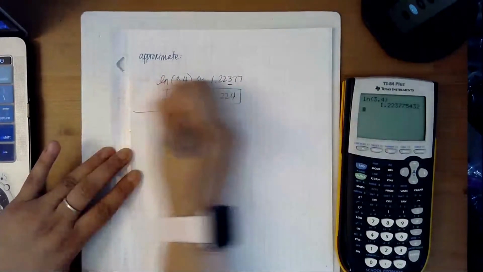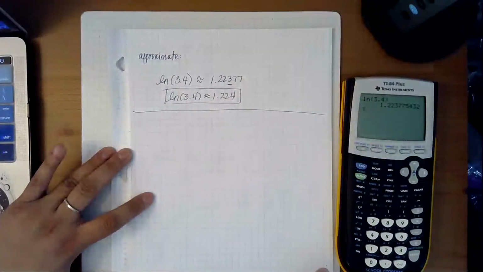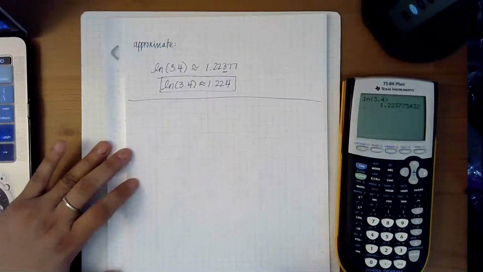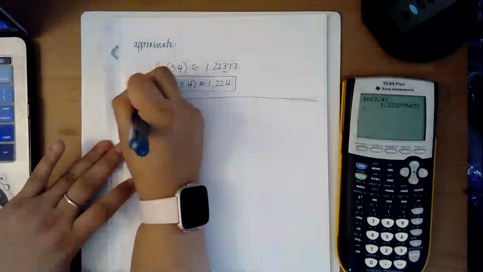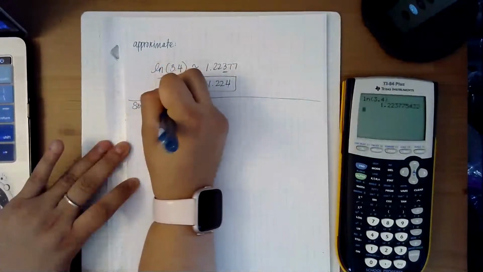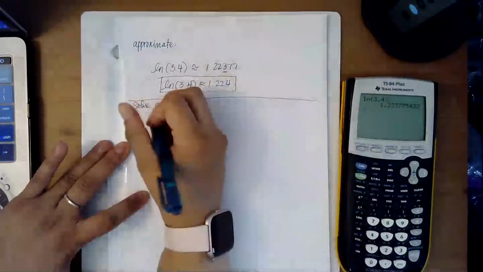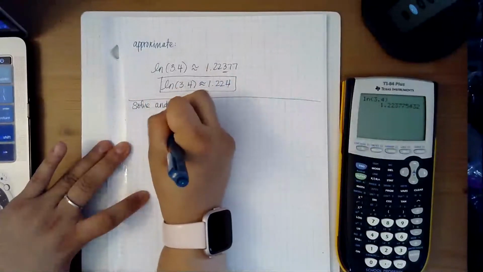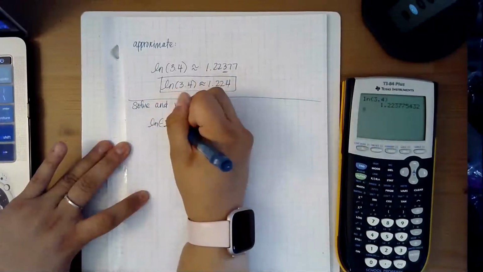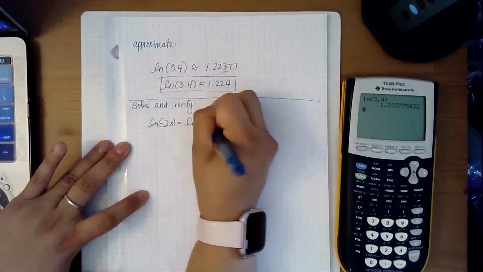And now we come into the solve and verify section. You must solve and also verify for this to happen. So the first thing I'm going to do is, let's say I have ln of negative 2x is equal to ln of 3x plus 10.